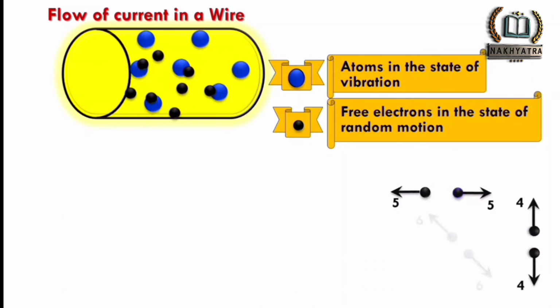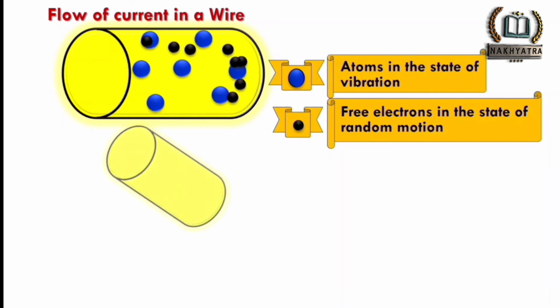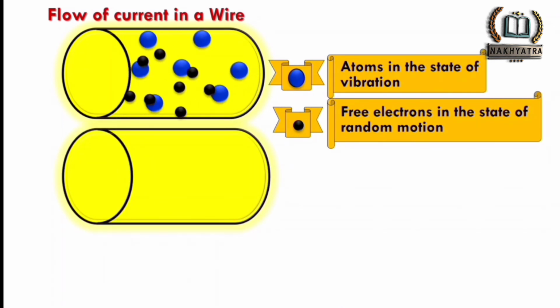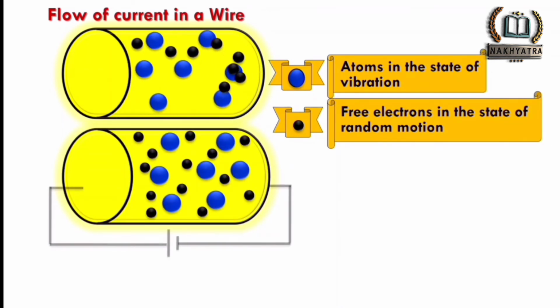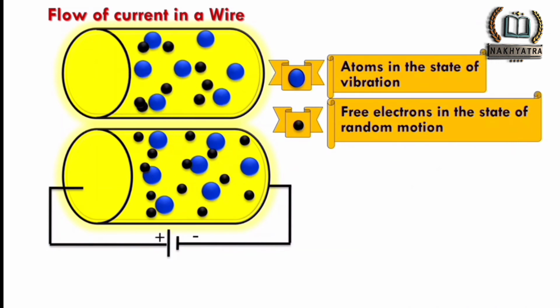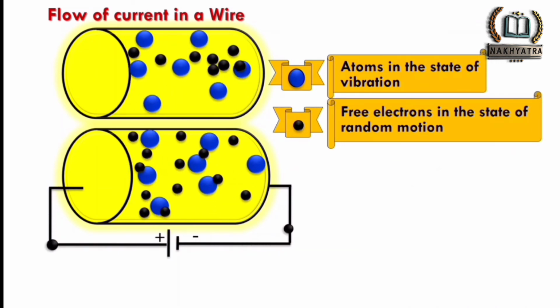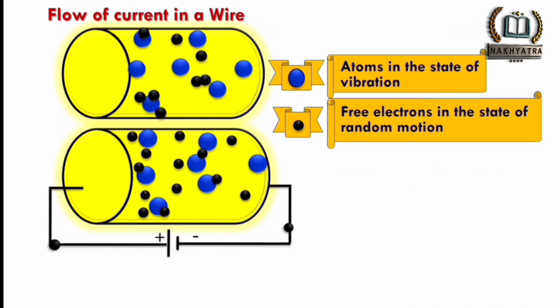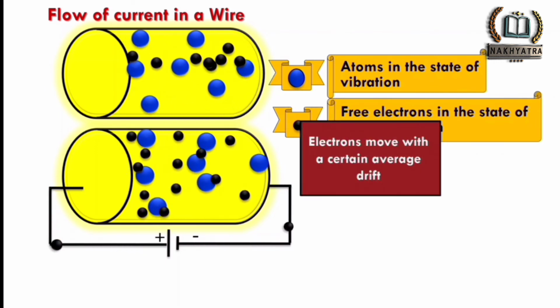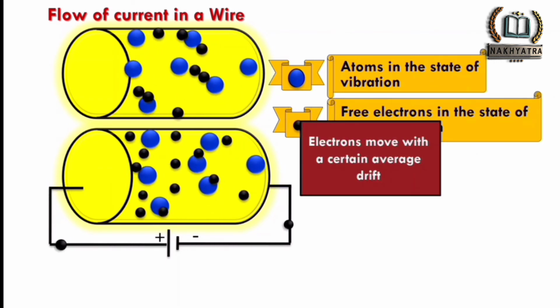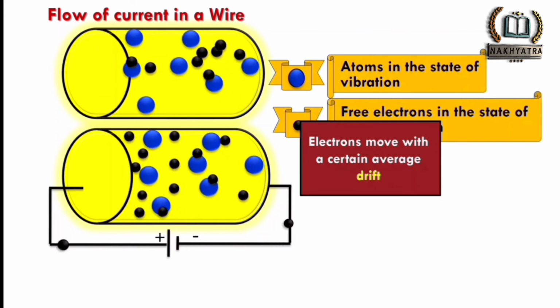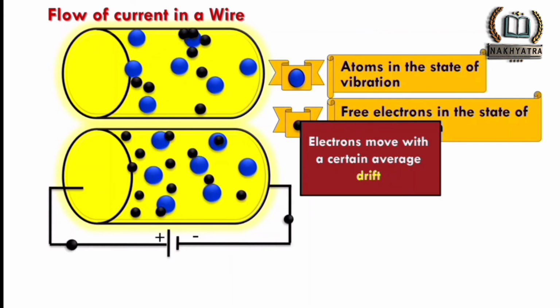Now, we will connect the wire to a cell. Here we can see that the electrons are moving with a certain average drift. It is not that one is moving faster and the other slower.